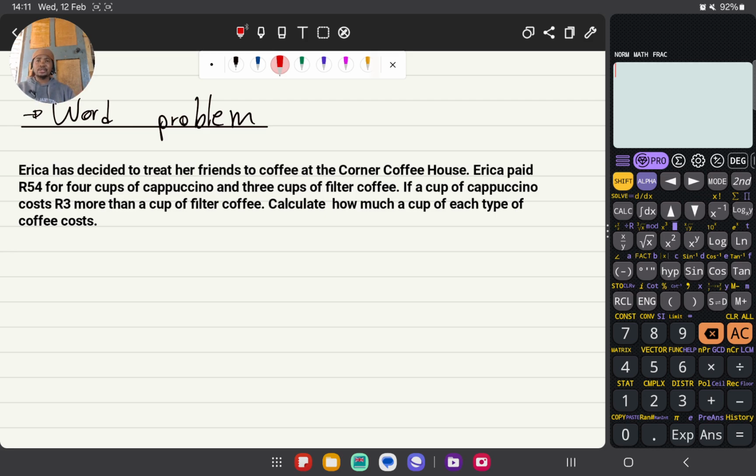For example, they will tell you that I want to buy a couple of chocolates, but I only have like 100 rand with me. And on top of the chocolates, I also want to buy Simba snacks.